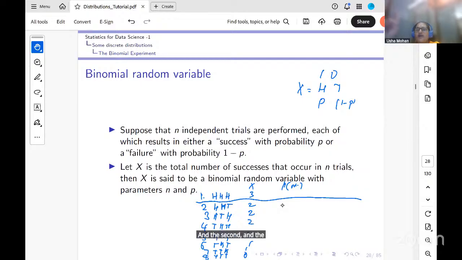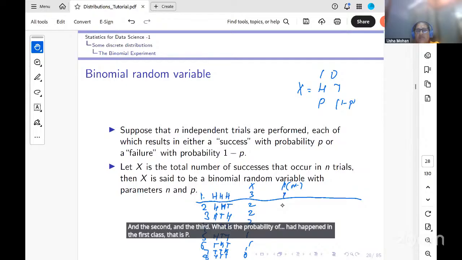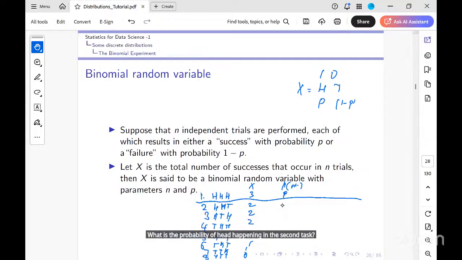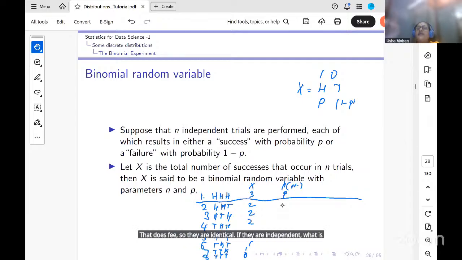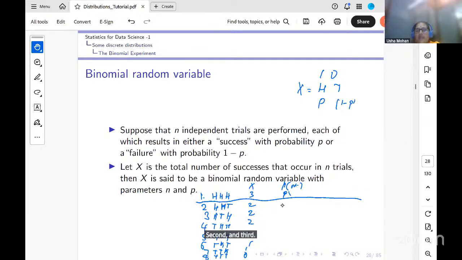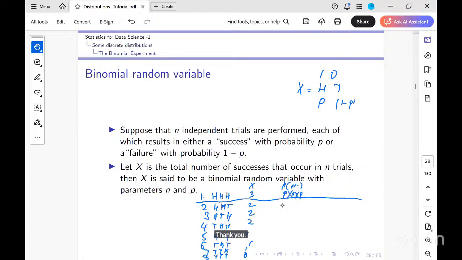What is the probability of head in the first toss? P. In the second toss? P. Third toss? P. So they are identical. If they are independent, what is the probability of head in the first, second, and third? P cube. Is this clear?